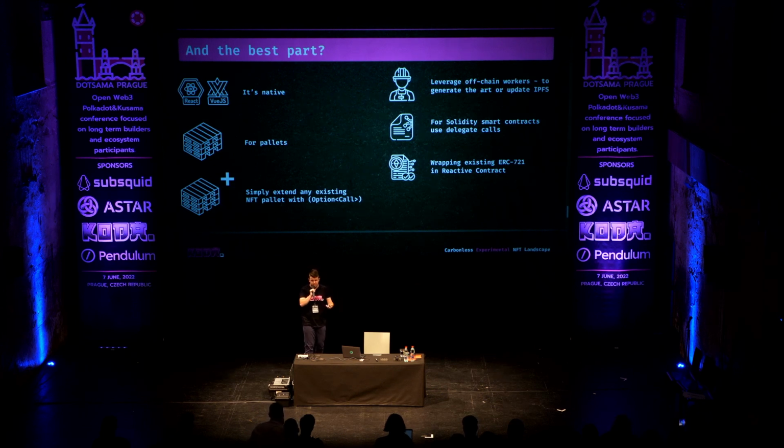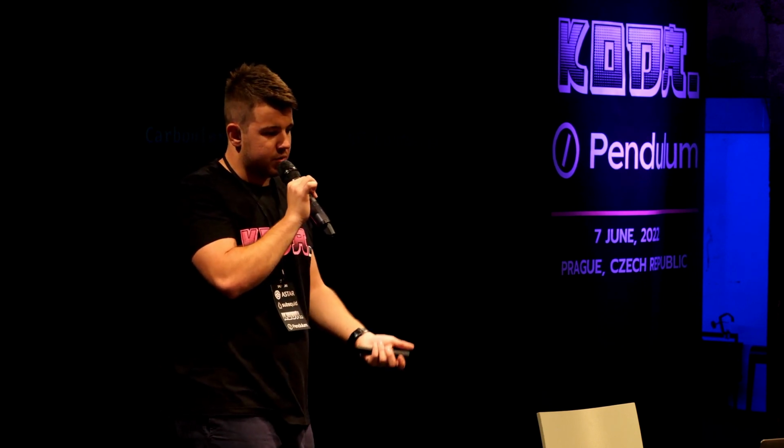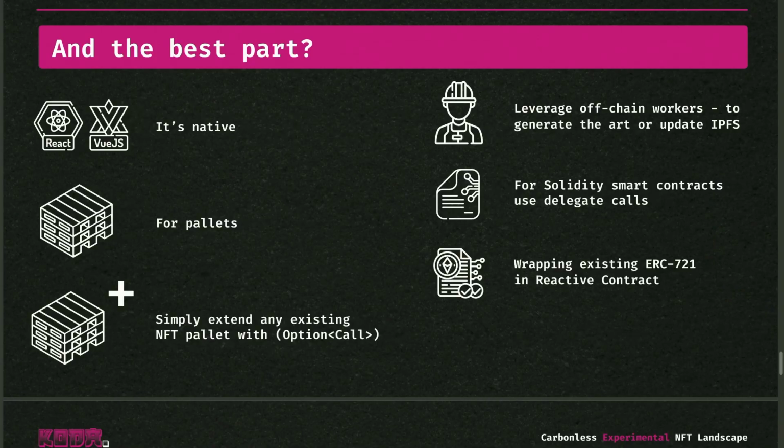So in case of, for example, car sharing, if your car crashes, you just update the NFT metadata to say this car crashed, without having to build a special palette for car sharing. And for Solidity smart contracts, we can use delegate calls, which means we just wrap any existing ERC-721 smart contract into the reactive context.